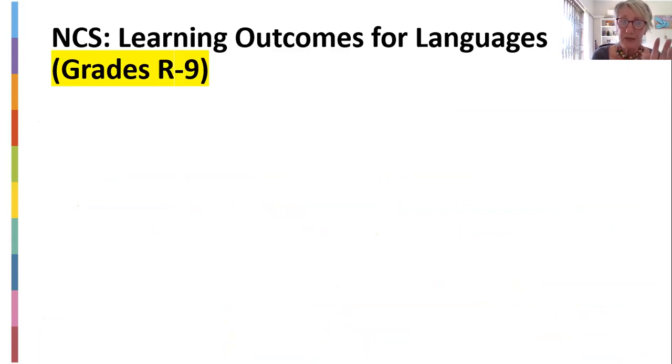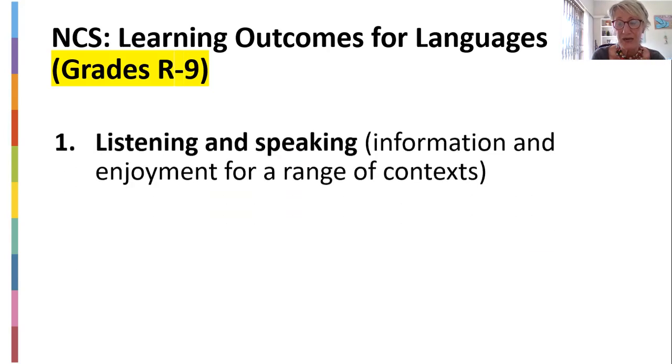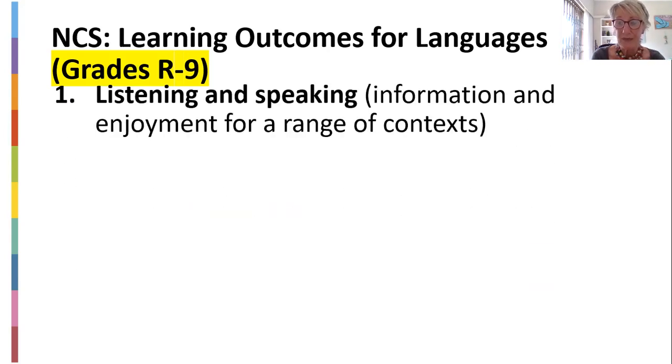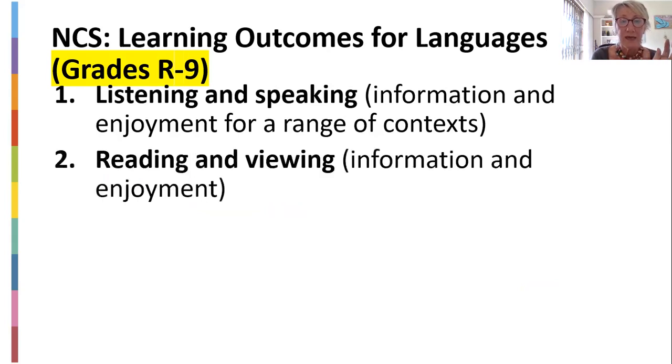So let's just quickly look at the new curriculum statement, which is in the CAPS, and look at grades R to 9, which is what our SPs are doing. First of all, in this semester we're going to be looking at listening and speaking. So that's the first thing we're going to do in this unit 1, as well as reading and viewing. Different genres, different kinds of text, both for information and enjoyment in our classrooms. So that's semester 1.